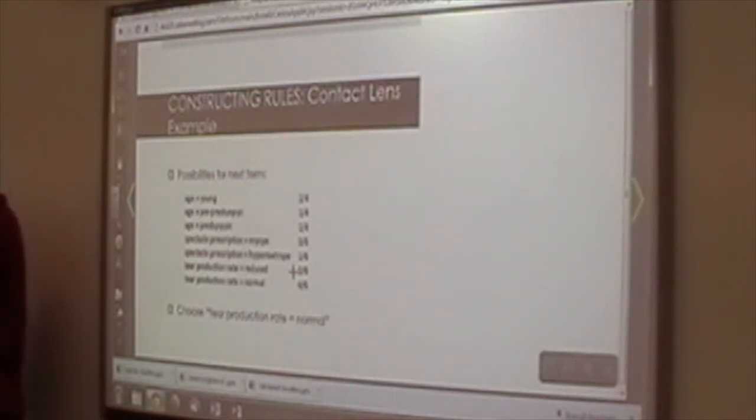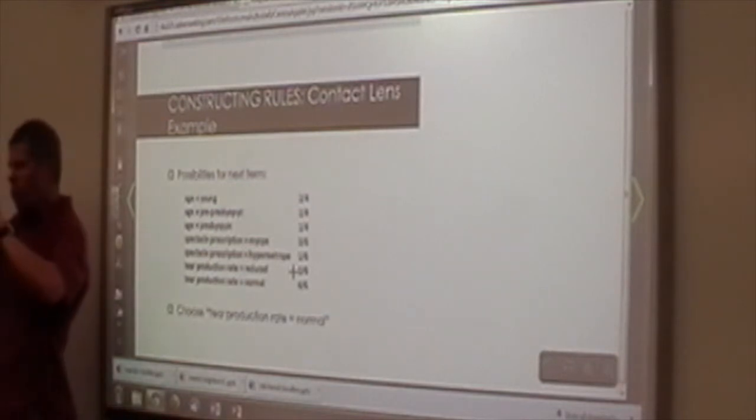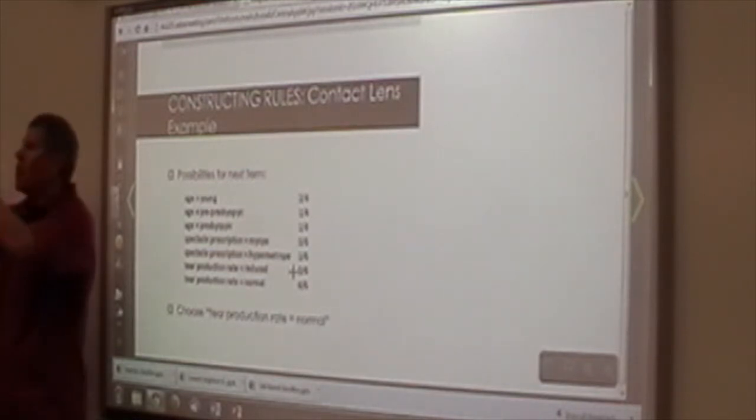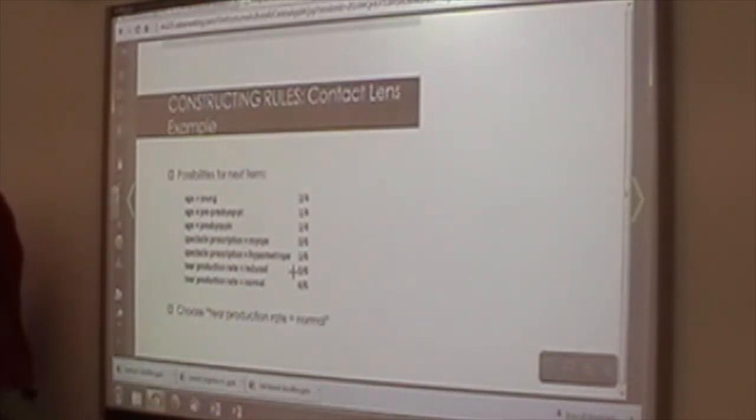Again, I mentioned that this is more of a bottom-up approach. Instead of splitting on the attributes per se, we're looking at the final outcomes. What do all these hard lens recommendations have in common? And we're trying to find a rule that points us to hard lens recommendations.